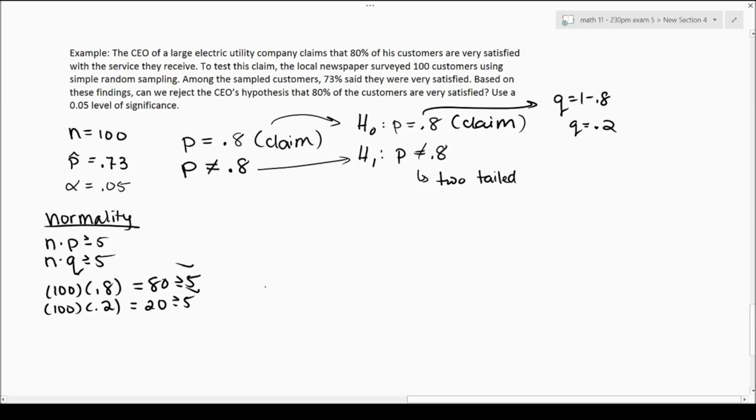This allows us to draw the curve and find our critical regions. Two-tailed test. So we have two tails here. We will have two critical values, a positive one and a negative one. And in each tail, we have alpha over 2, 0.025.